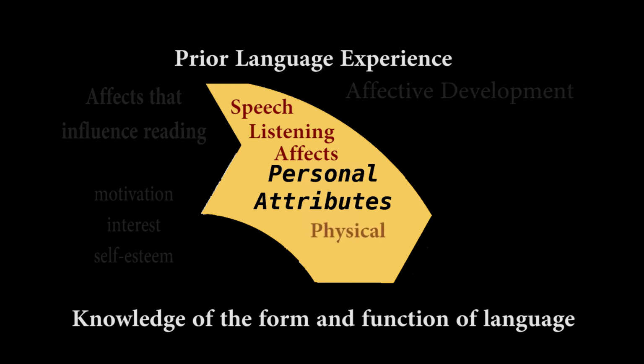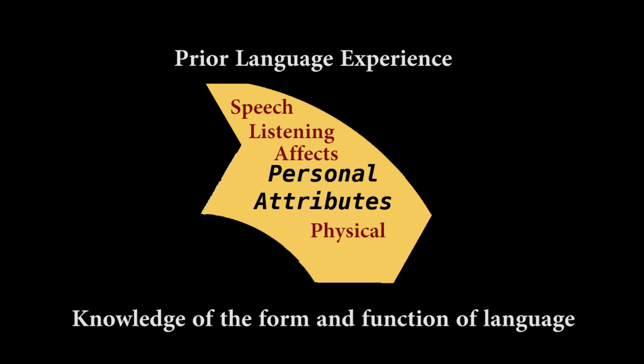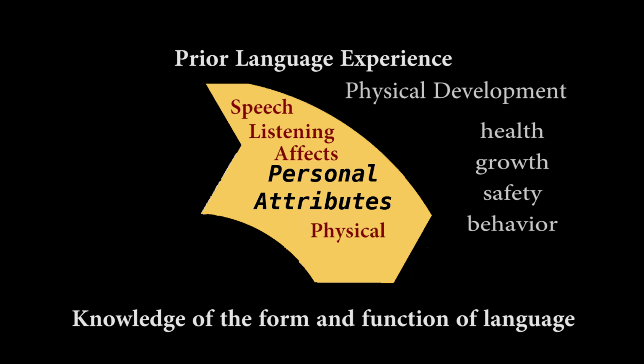Physical development refers to the changes that occur in the growth, functions, and needs of the body relative to age, heredity, environment, behavior, and trauma. There are 4 major divisions of development associated with the physical domain: health, growth, safety, and behavior.